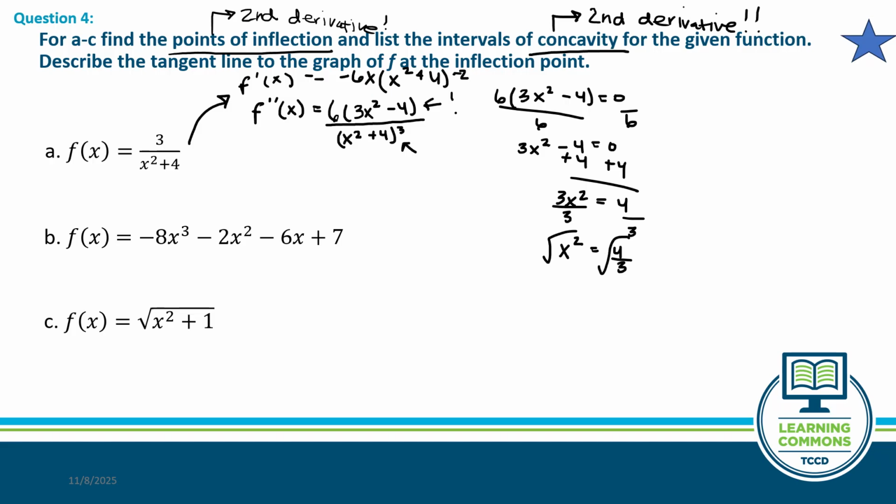Anytime I square root a function, it's going to give me a positive and a negative. So x is going to be plus or minus 2 root 2 over 3. Okay. So that is my point of inflection right there.